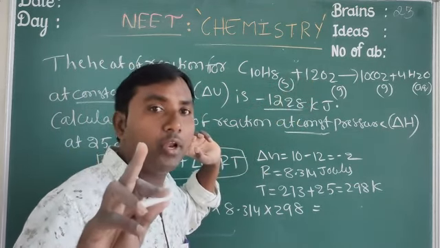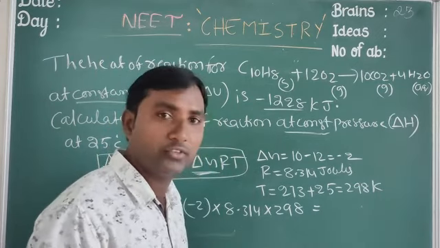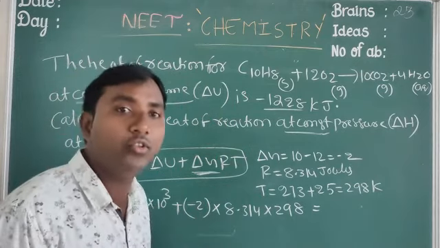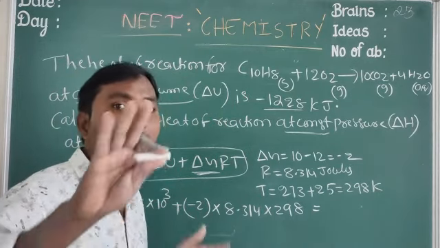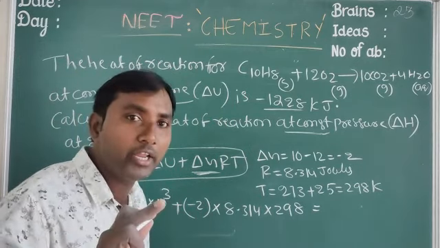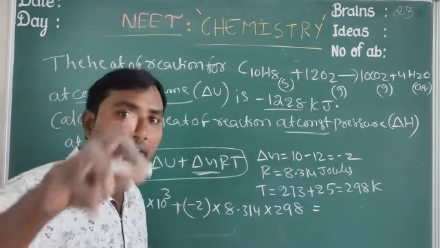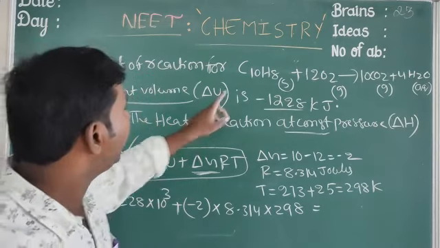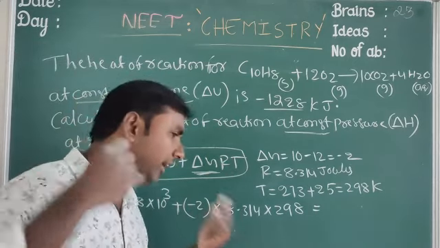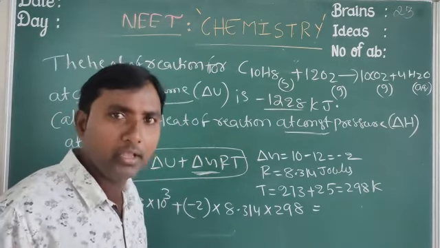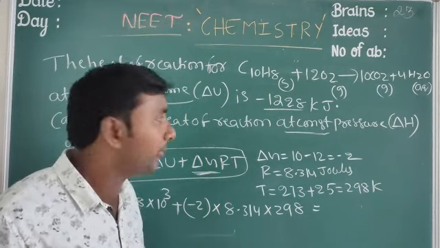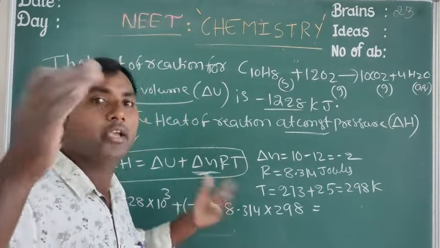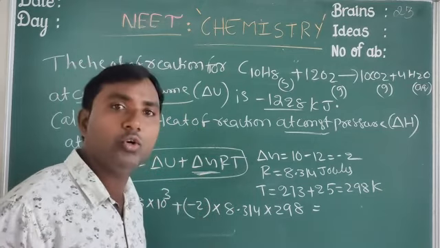Only gas molecules can be counted. Second, heat of reaction at constant volume means internal energy, and at constant pressure means enthalpy. Whether internal energy or enthalpy, the heat energy units should be equal to the R value units.